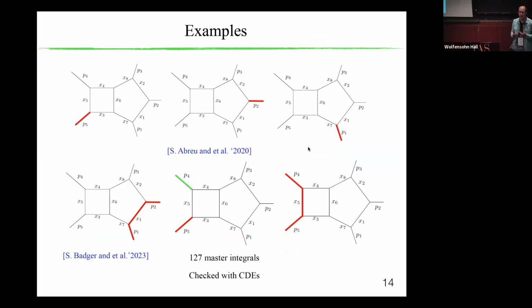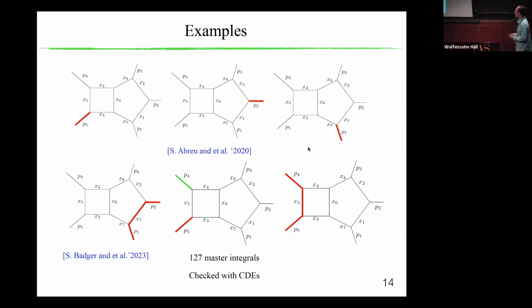Because the sunrise is really easy and not convincing, we apply our code to some multiple scale integrals. The first is the 5 point with one massive external momentum, and we have checked all the letters appearing in the canonical differential equations, also with my package.